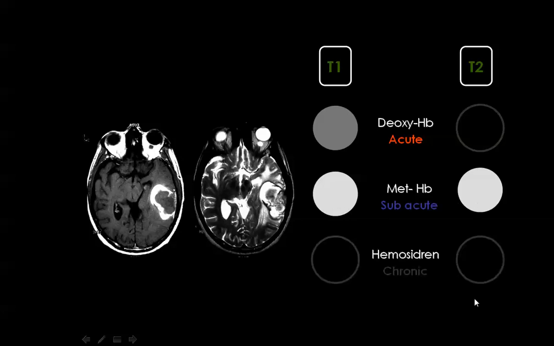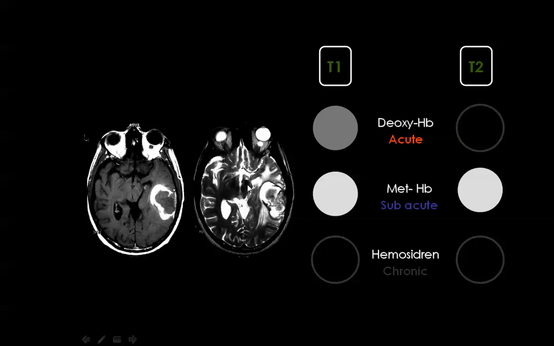The chronic blood or the hemosiderin will appear black in the T1 and also black in the T2. Then you may consider that the acute blood is black in both T1 and T2, the chronic blood is black in both T1 and T2, and the subacute blood is bright in both T1 and T2.